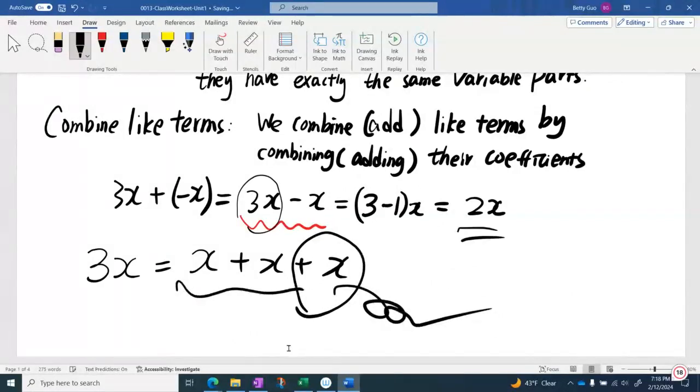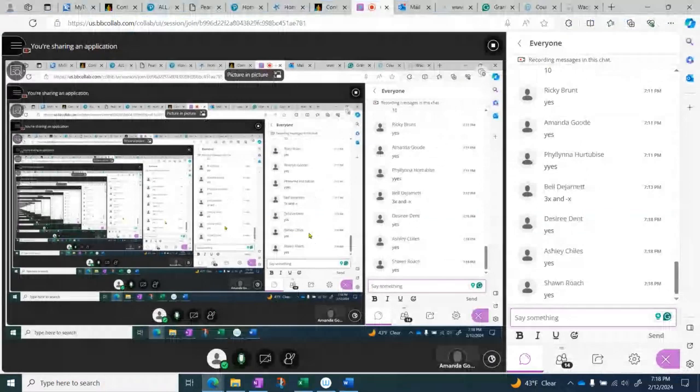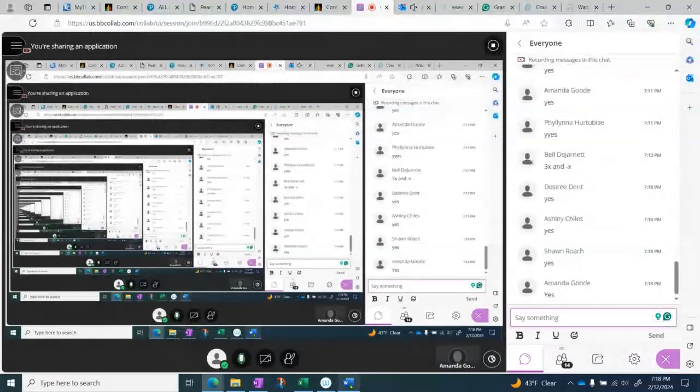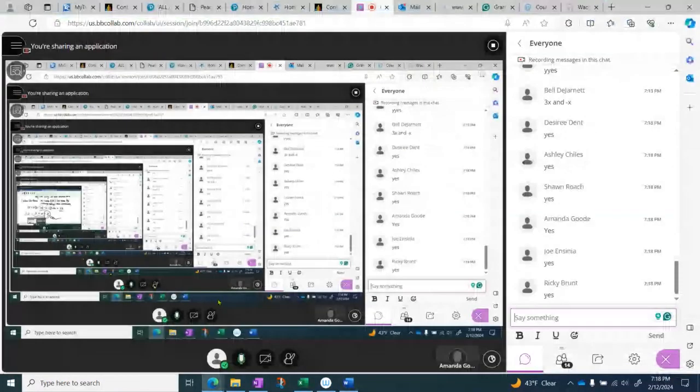So the result is 2x. Do you see that? It's pretty straightforward. Okay, awesome. Very good. Thank you for your response. And we have related problems to practice in the notes.